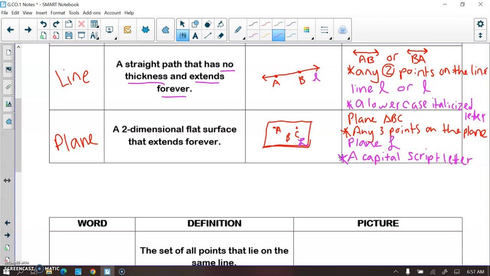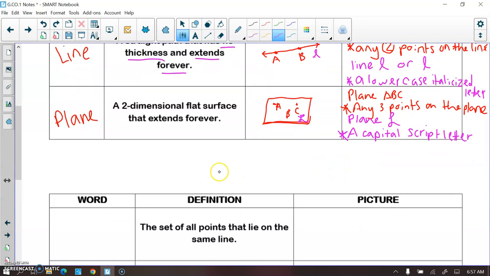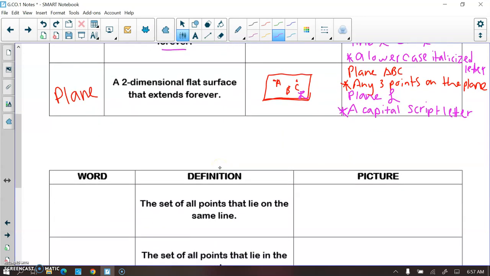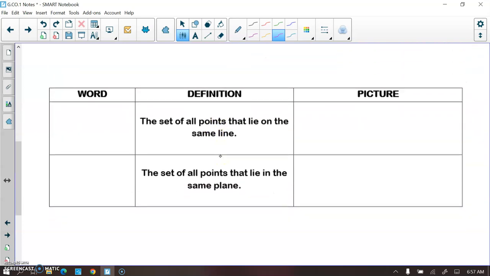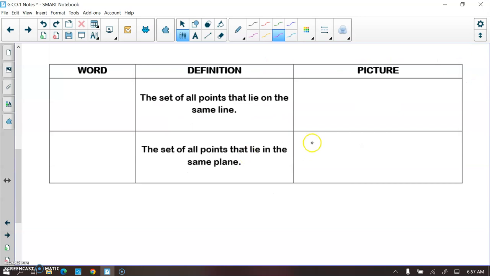A plane could be something like a desk or a wall or the floor. So that's what a plane would be, and it's undefined because a desk, a wall, the floor are not the same size. All right, the set of all points that lie in the same line, that is collinear.